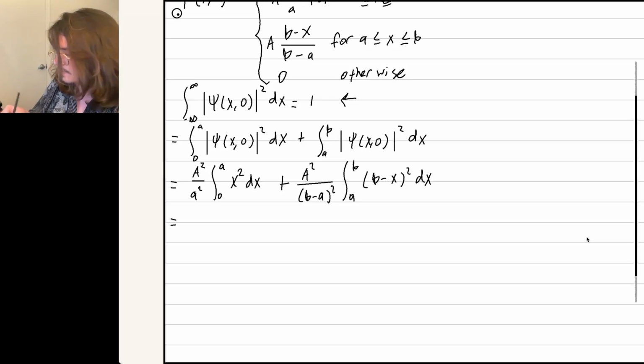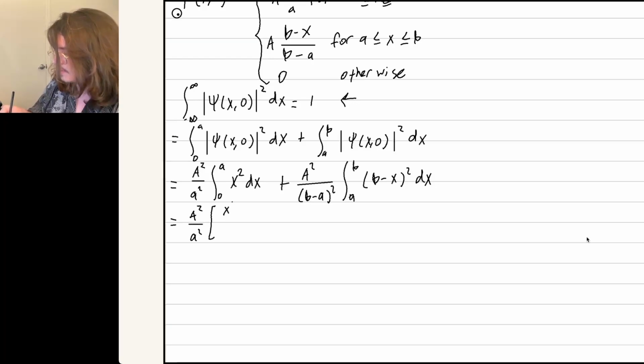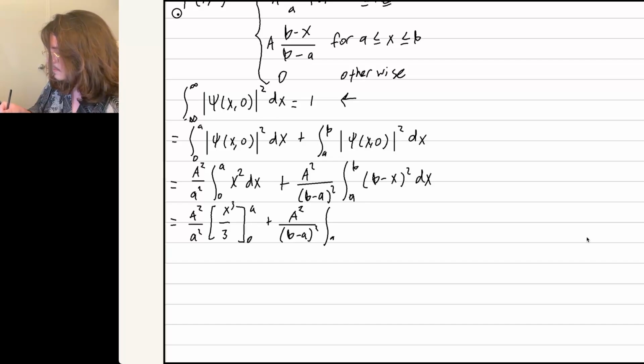The first integral's not too bad. It just ends up being x cubed over 3. For the second integral, I'm going to expand the polynomial inside the integral before I do anything to it: b squared minus 2xb plus x squared.